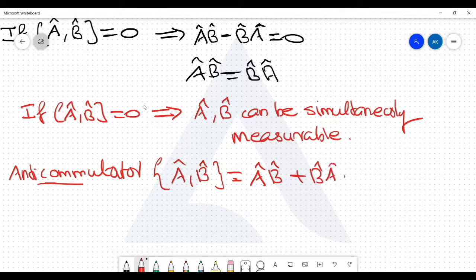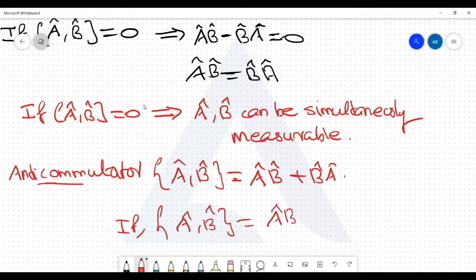If the anti-commutator of AB is equal to 0, then AB plus BA equals 0. That means AB equals minus BA, and it means they will anti-commute.